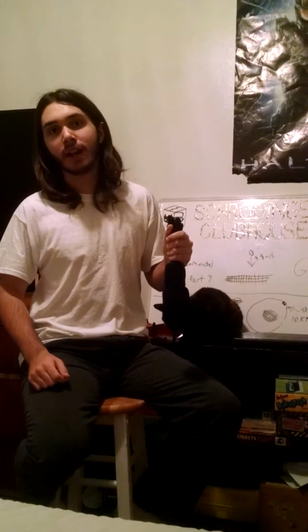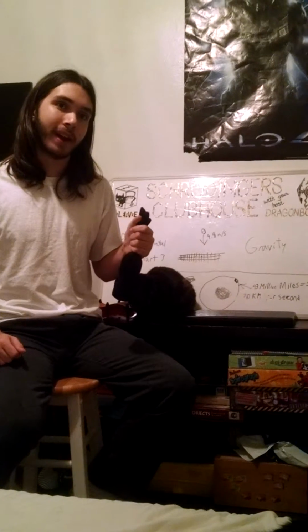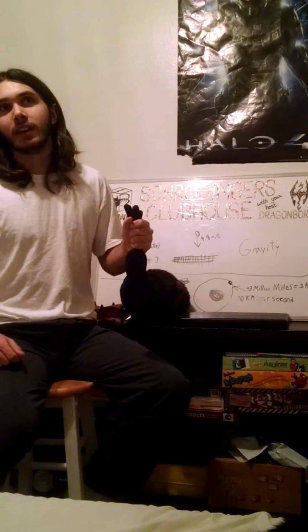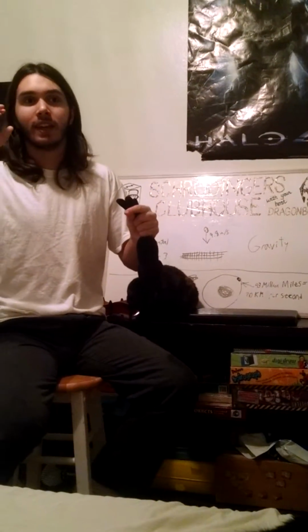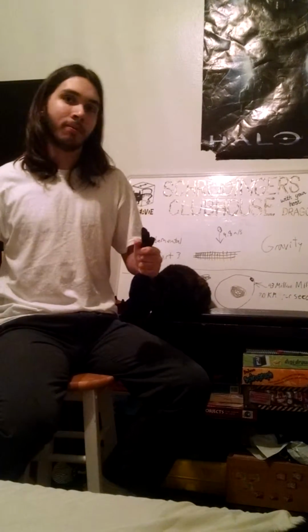That's why we call them black holes, because no light can get out of the event horizon. That's essentially the point of no return for a black hole, and thus we cannot get any light from there to see what's in it, and you get the idea.